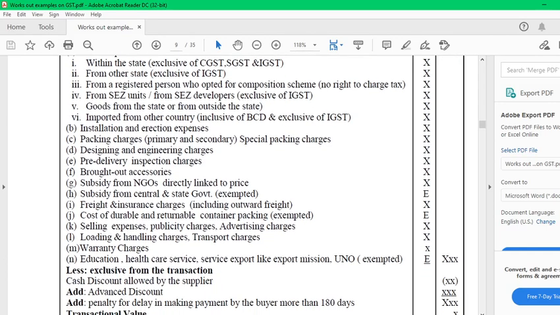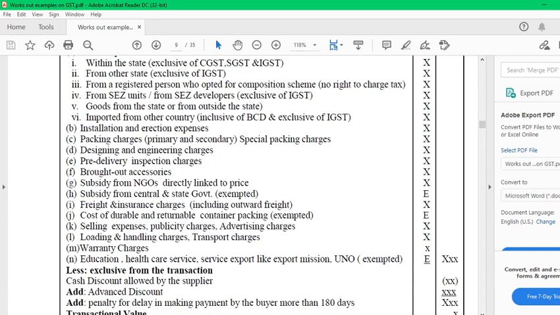Then cash discount on regular basis should be subtracted. However, advance discount should be included. The logic behind this: if the dealer demands advance for the goods before delivering and there is an agreement or negotiation between the dealer and the buyer that if you pay the advance, then I will give a discount to a certain extent.